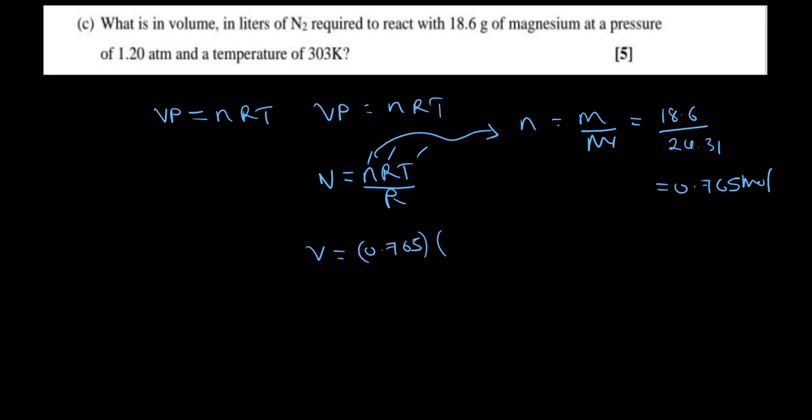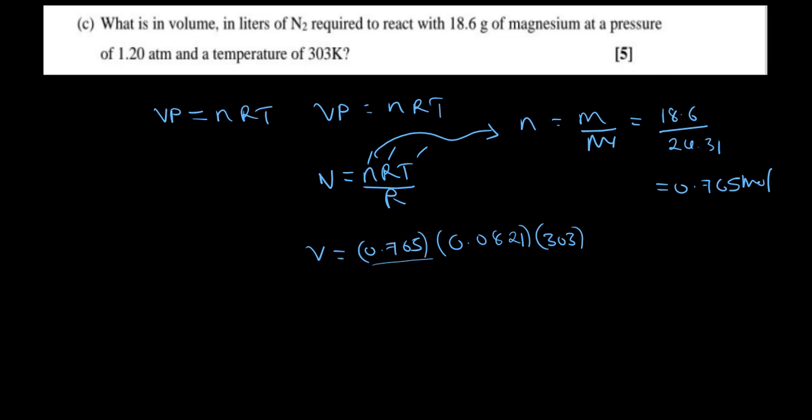The universal gas constant that I'll use is 0.0826, as given in the question paper. Then times the temperature, which is always in Kelvin. If it was given in Celsius, take it to Kelvin.